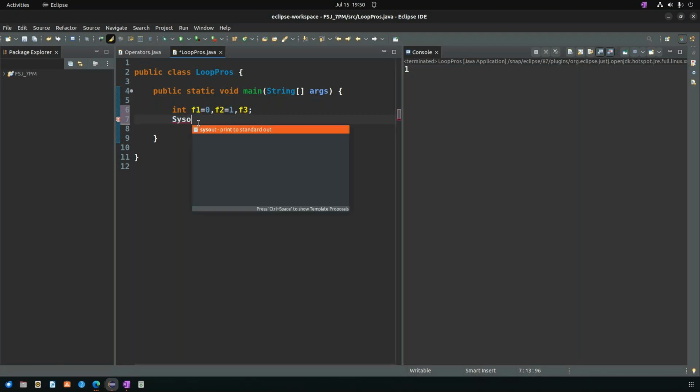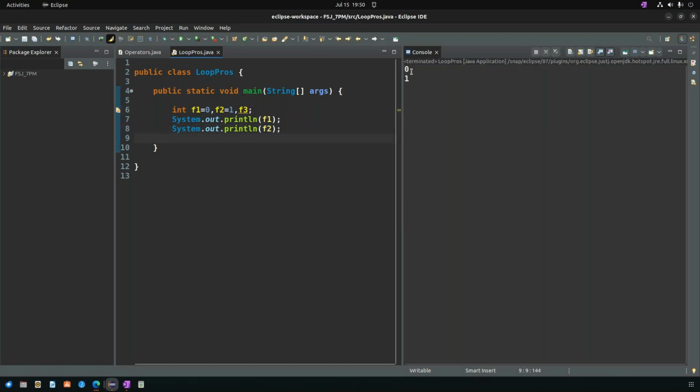So you are printing the first two terms, F1 and F2, automatically. The third value should be an addition. So you cannot say F1, F3, F4, F5 like that, but you need to loop it.